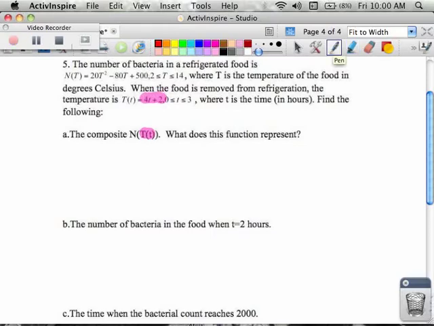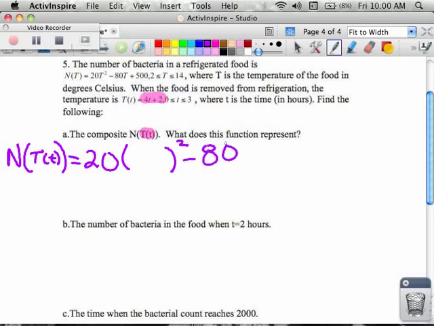So I'm going to write down the n function, or in other words, n of t is going to be 20 times something squared minus 80 times something plus 500. And the thing that's going in there is the T, of course, T of t. So that's 4t plus 2 in both parentheses.